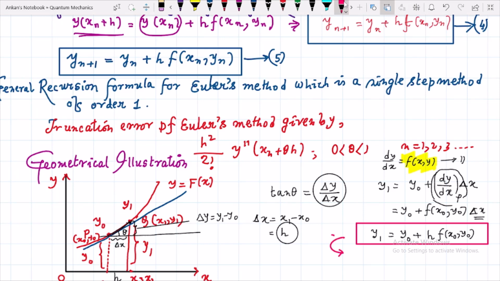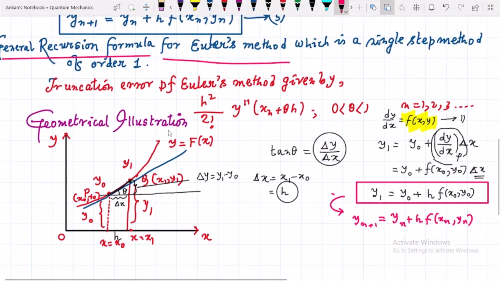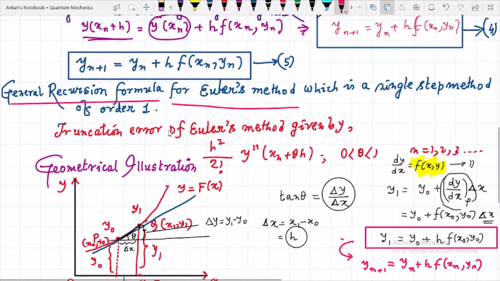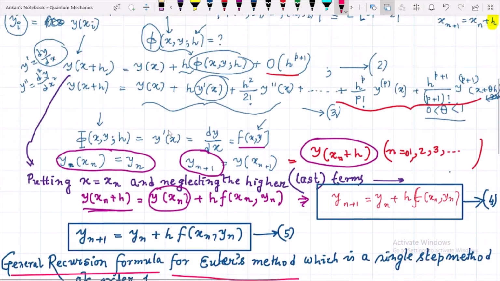After some generalization you can write that y(n+1) is equal to yn plus h into f(xn, yn). So this is the general recursion formula of Euler's method. From the geometrical illustration you can get the same result as obtained by the analytical numerical method.